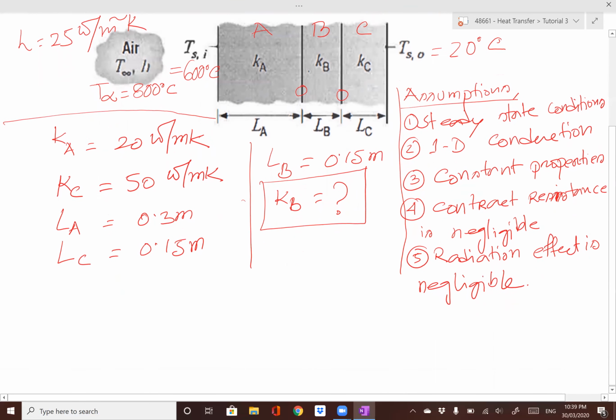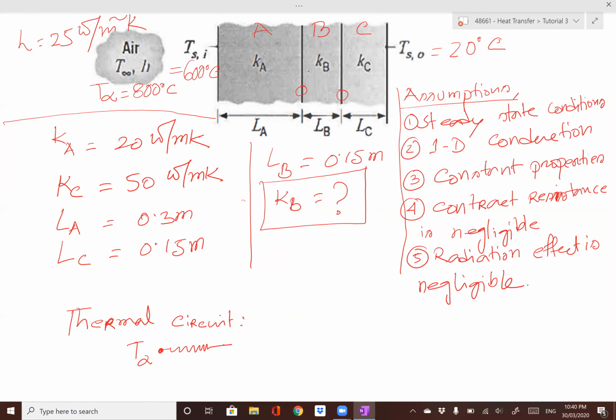So now I'll draw the thermal circuit. The oven inside temperature, T alpha, then heat will transfer between the oven air and the oven inner surface due to convection.